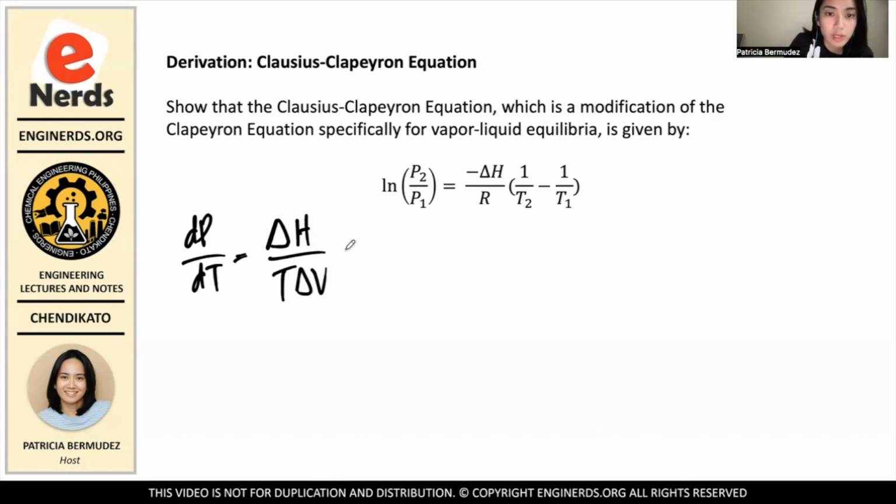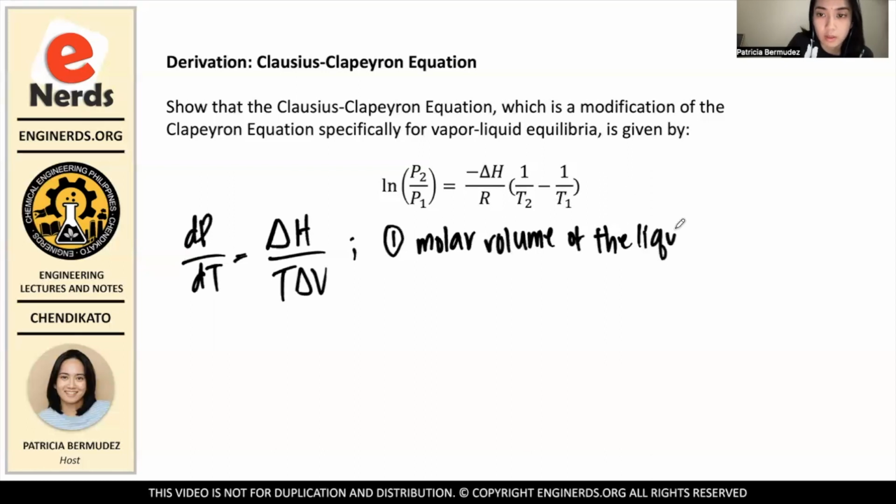Okay. So here, in order for us to modify this equation, we have to make assumptions. So the first assumption that you have to make is that the molar volume of the substance that is in the liquid phase is a lot lesser than the molar volume of the one in the vapor phase.